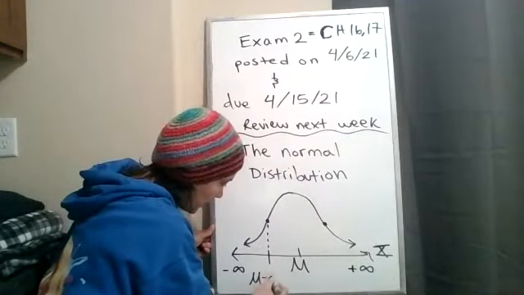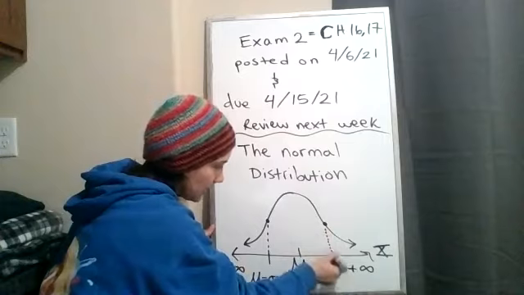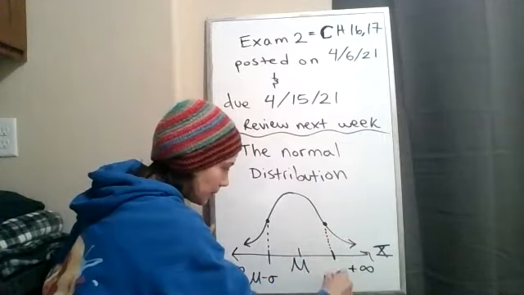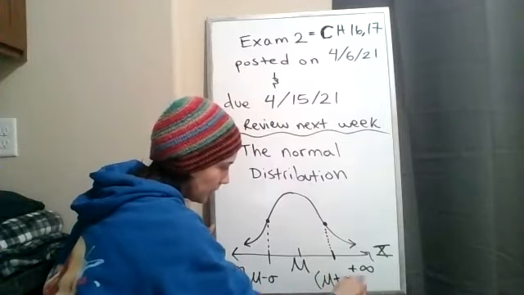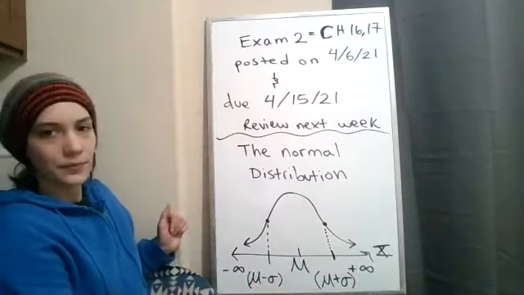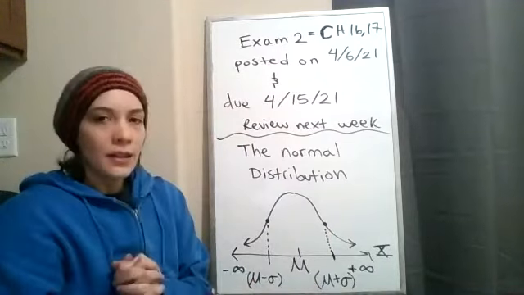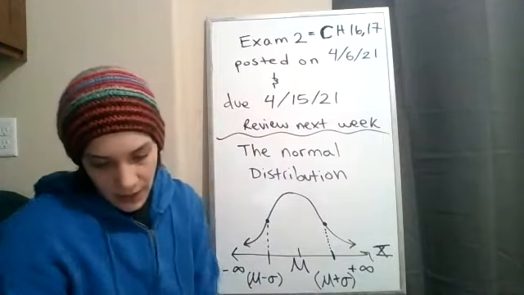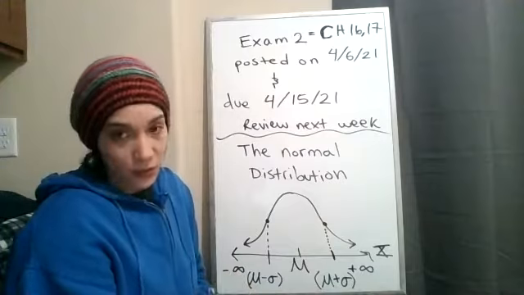Mu minus sigma. The other one is here. Mu plus sigma. That's a number. So we're going to draw one together where the mean is 10 and the standard deviation is 4.